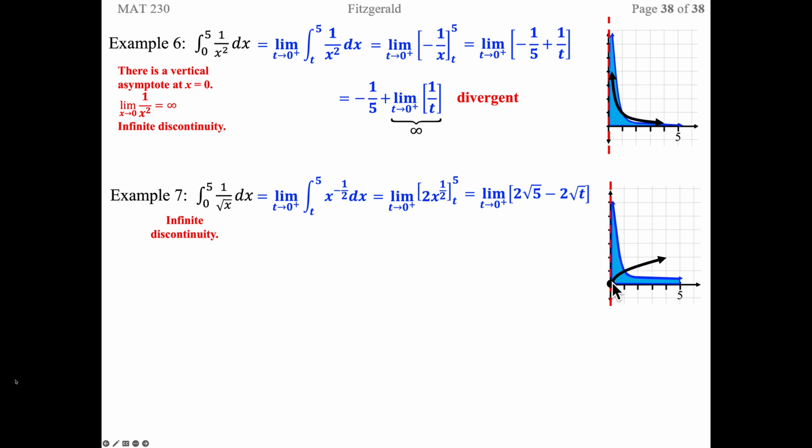Only from the right side. There's nothing over here to the left. That's the importance of coming in from the right with your limit. So that is technically approaching a 0. So my answer here is 2 times the square root of 5 minus 0. That's 2 times the square root of 5. So this converges. It's convergent.